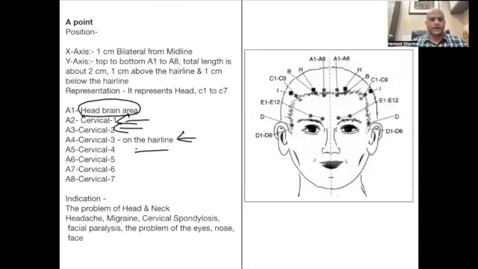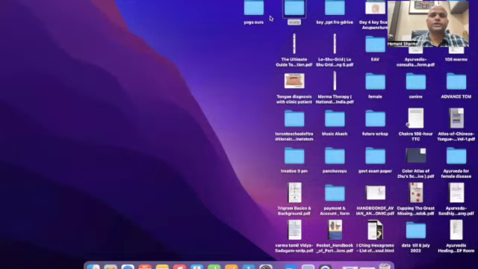On the hairline, cervical 3 is located. Suppose I'm telling you 4 fingers up or 3 chin up, that is the hairline. So if you are reaching here on the hairline, that is cervical 3. Then one down is cervical 4, down cervical 5, down cervical 6, down cervical 7. So the lower part is 4, 5, 6, 7.